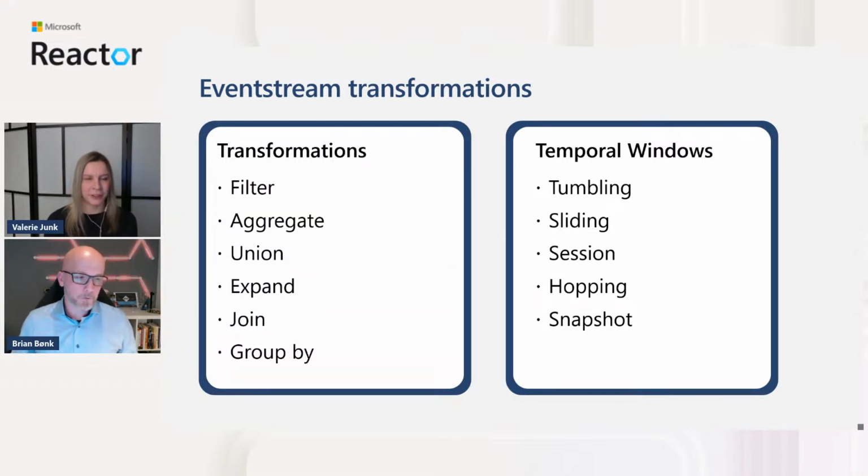I have one more thing about these transformations. Here we see them like filter, aggregate, union. Just to make sure that people understand, this is also a visual experience. You add the transformation, you just click on a button, there you get all your options, and it's drag and drop. So you don't need to write your own code.